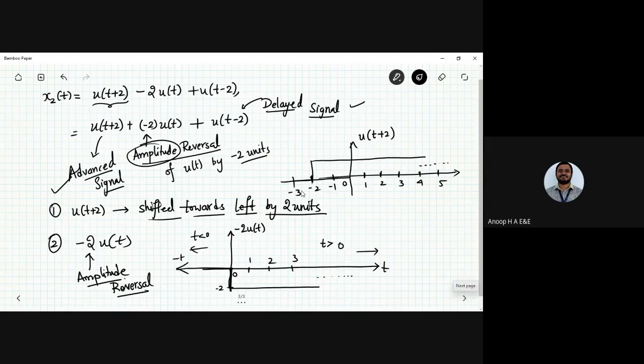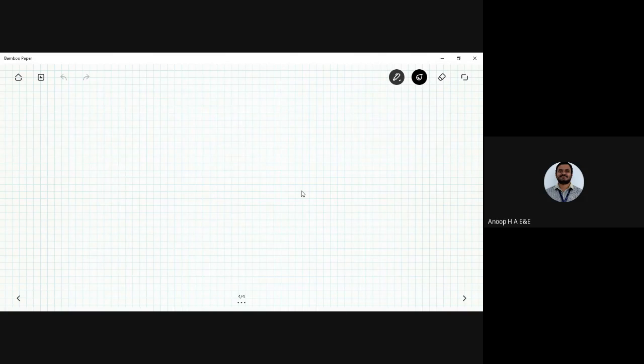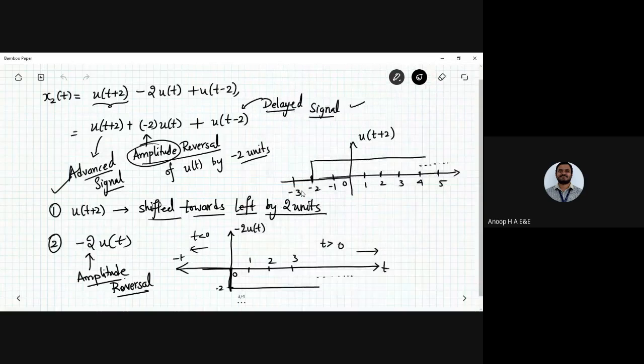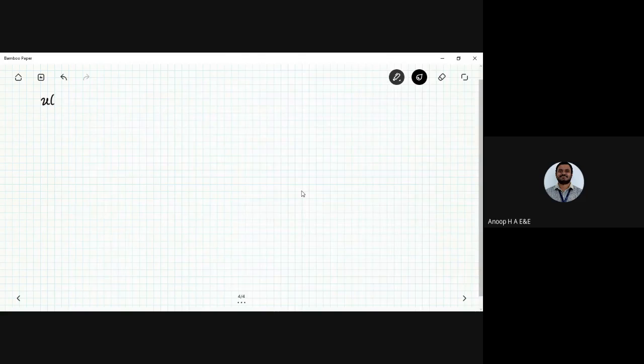The next one, which is u of t minus 2, isn't it? Yeah, exactly, u of t minus 2. So this is the third signal. Now it is right shifted by 2 units.